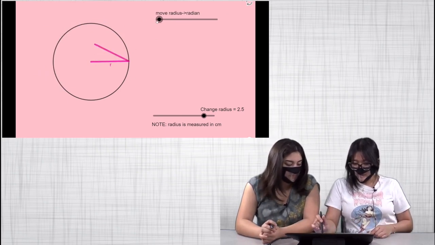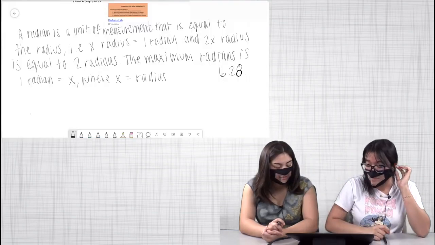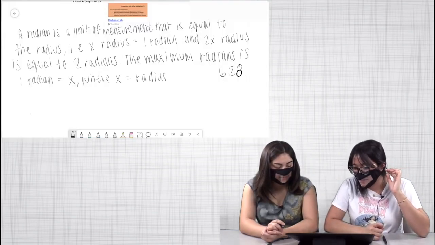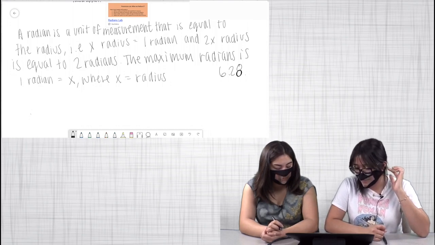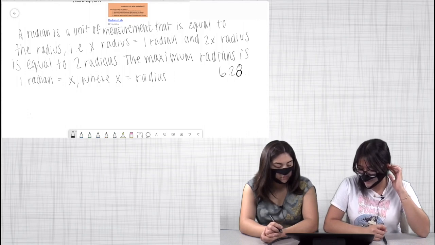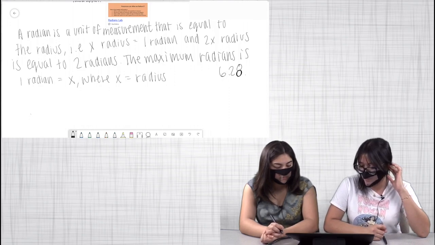When it moves like that, I think it's comparing the radius to 1 radian of the circle. So one radius is equal to 1 radian. We said a radian is a unit of measurement that is equal to the radius. For example, x centimeters radius equals 1 radian, and 2x centimeters is equal to 2 radians. The maximum radians allowed is 6.28 radians.